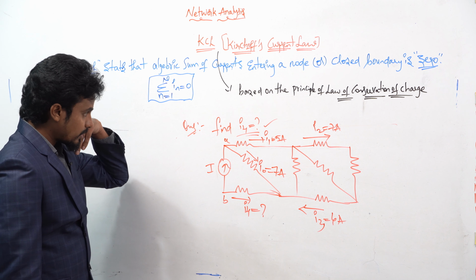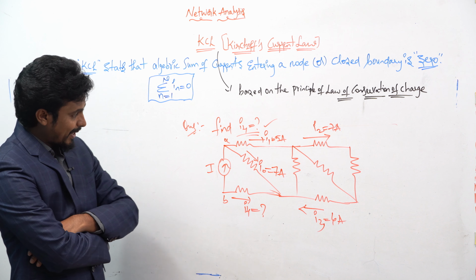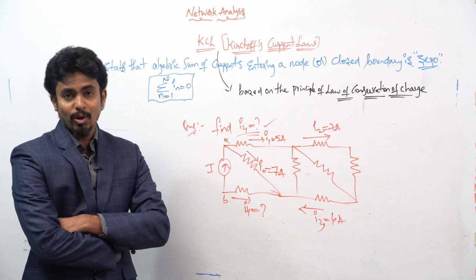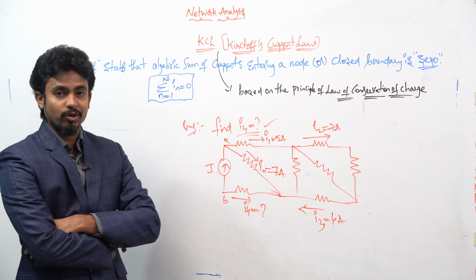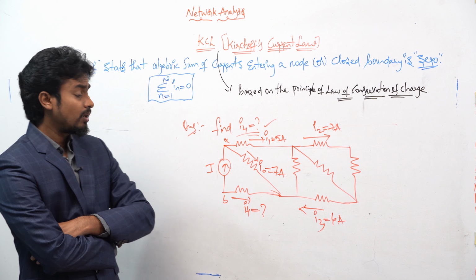You have to concentrate on your I4, right? For this case, you just have to apply your KCL. What is the KCL? KCL means the sum of incoming currents is equal to the sum of outgoing currents. Suppose I want to apply my KCL at node A, what will happen?